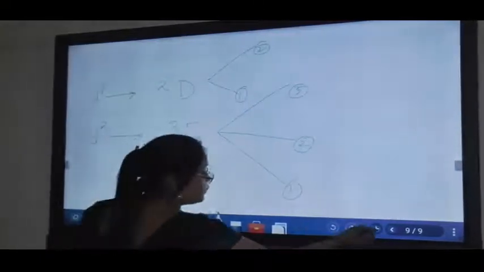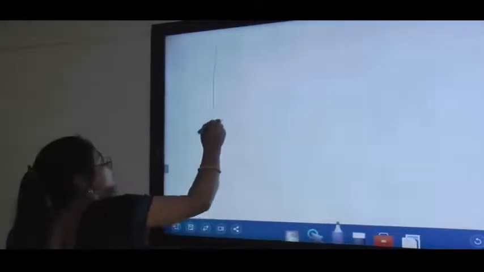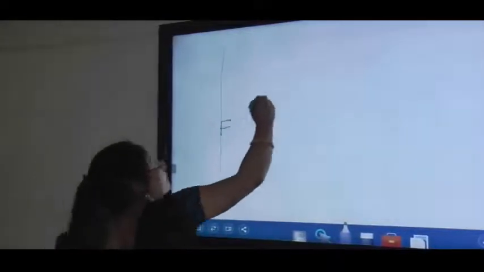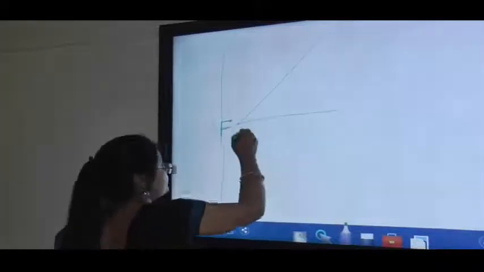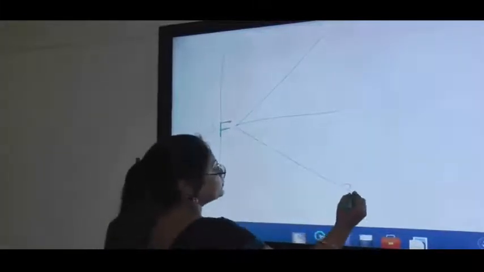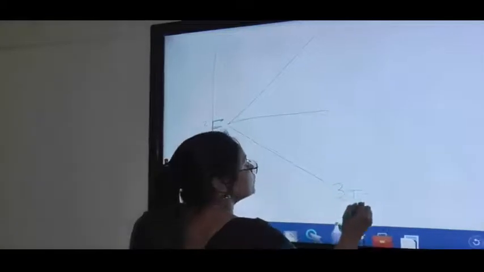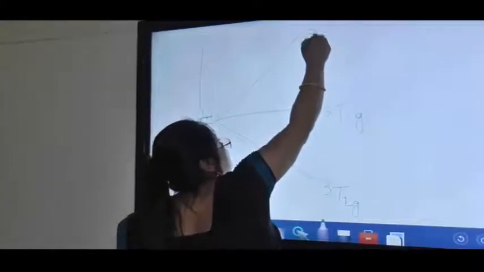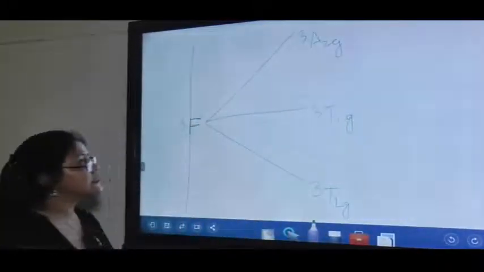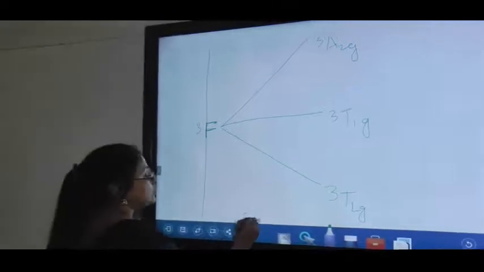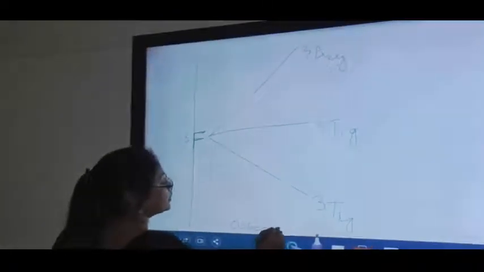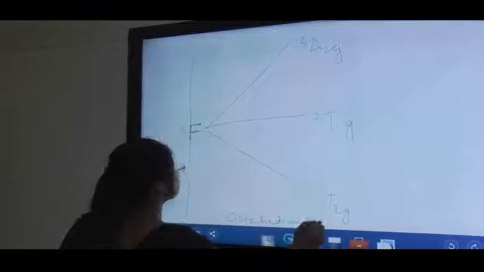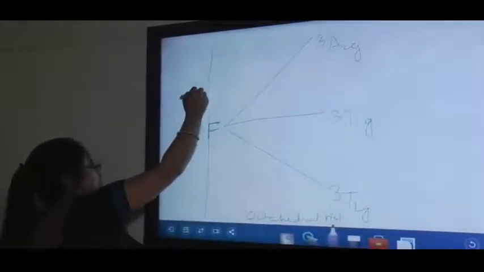What will be that? For F term, it has been found that the Orgel diagram for D2 will be given by 3F, which splits into 3T1, 3T2Z, 3T1Z, 3A2Z. This is the splitting in an octahedral field, and this is the energy of the term.